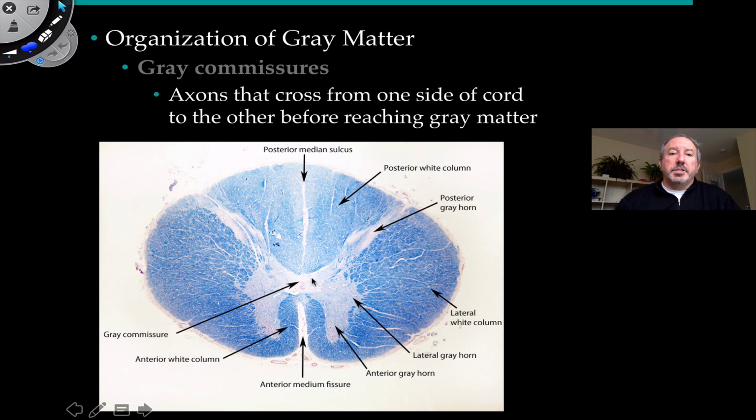In other words, bridge: axons that cross from one side to the other of the spinal cord, because the spinal cord is bilateral. Okay, and then again, you could take a look here. You could see that here's the posterior gray horn, and here's the anterior and the lateral gray horns right there. And then what's staining blue, interestingly enough, is the white matter.